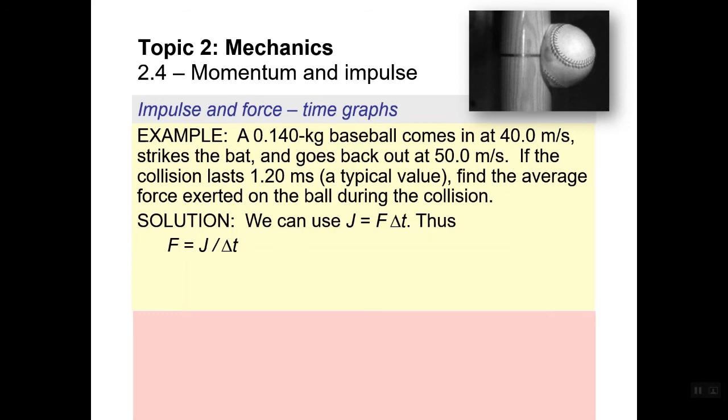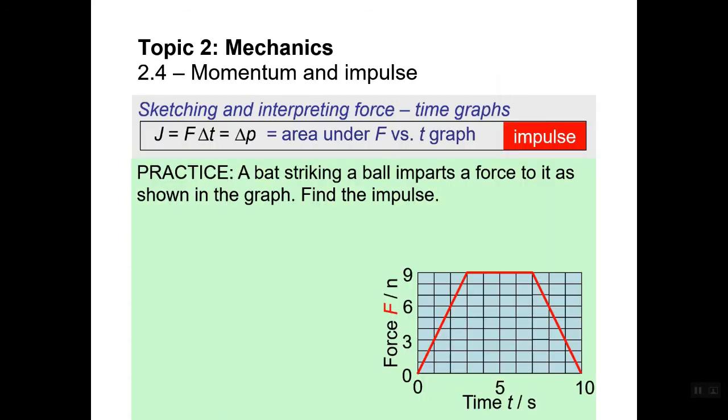The change in momentum from the previous slide is 12.6, and the time taken is 1.2 milliseconds, which converted to seconds is 1.2 times 10 to the minus 3. That gives us 10,500 newtons.